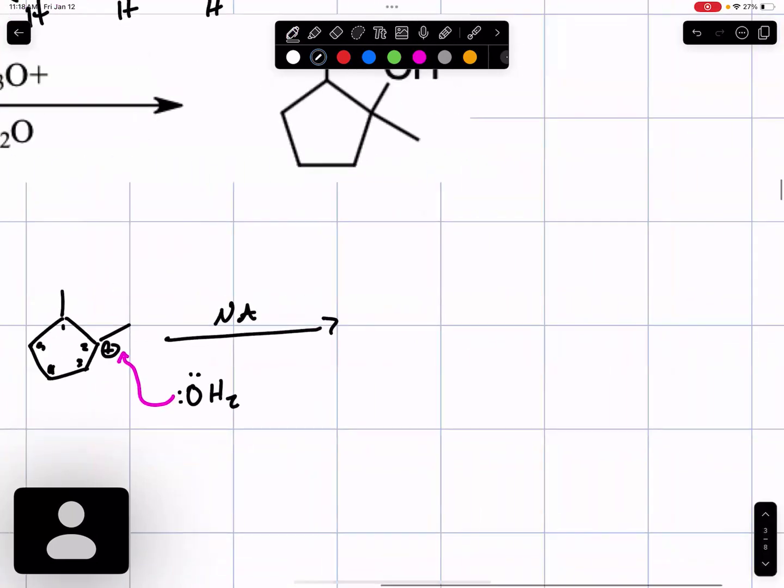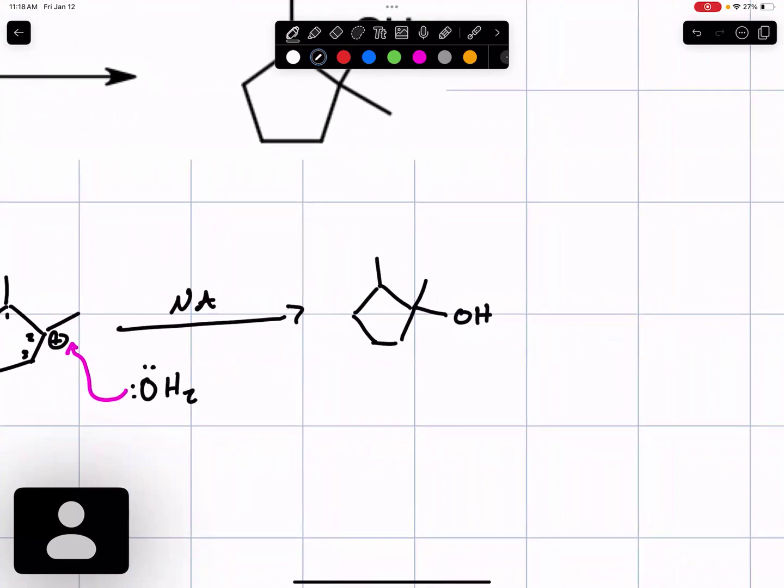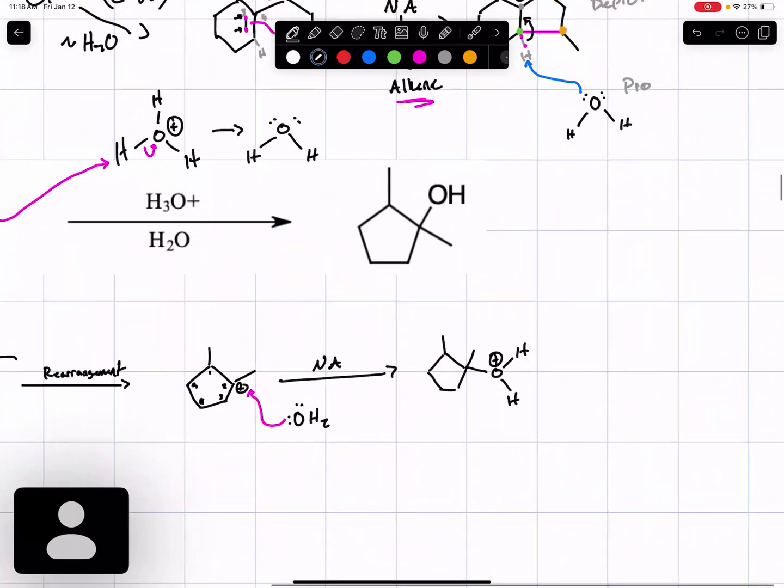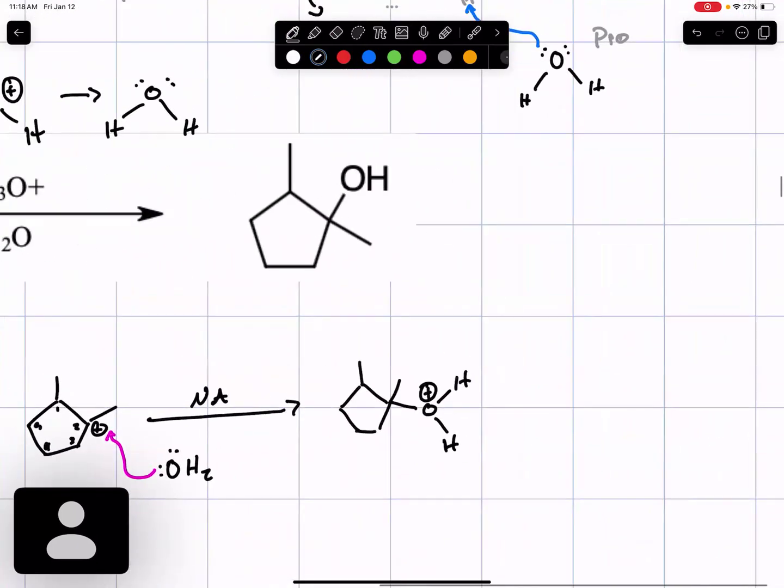Okay, now what does this look like? We've still got an extra hydrogen, so we need a proton transfer. Exactly. Thank you. I was going to mention that. Okay, so if I was to draw this a little bit differently, how do we now get rid of that extra proton or that extra hydrogen?